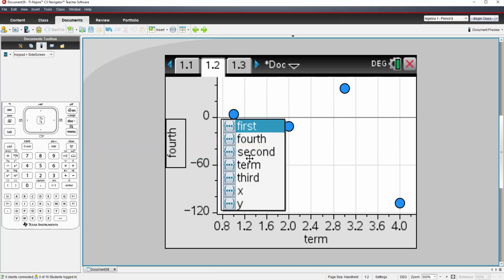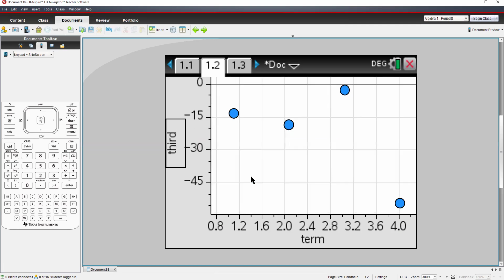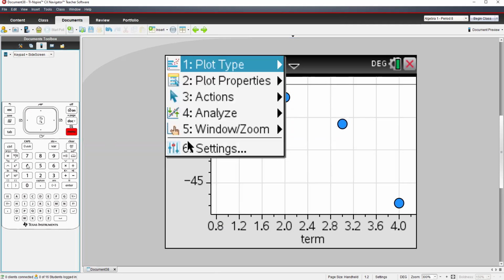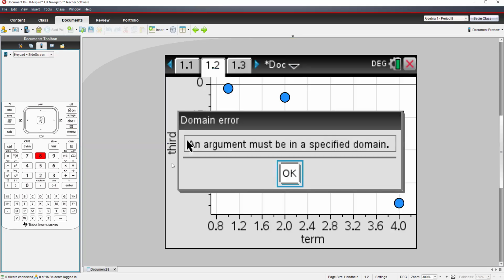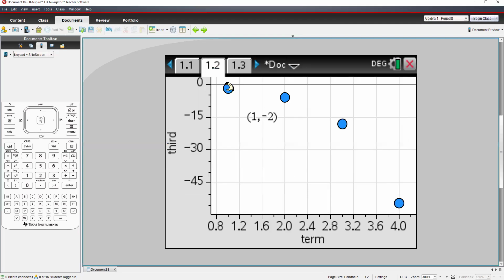So let me look at the third one, because it actually does look exponential. If I do menu 461, menu 468 for exponential, it says the argument must be in the specified domain. So you can't even graph this one because of the negative pieces going down like this.